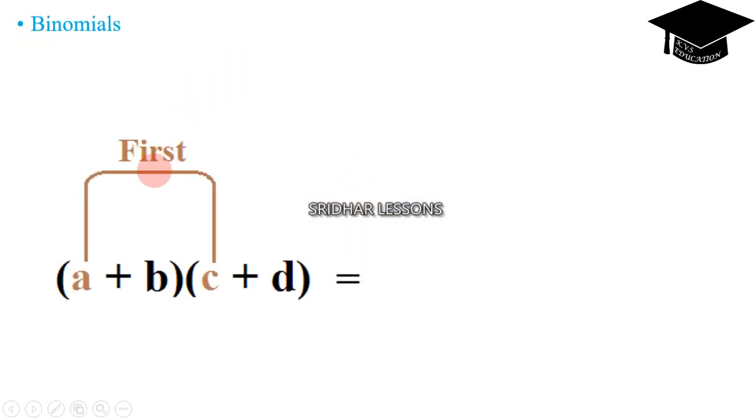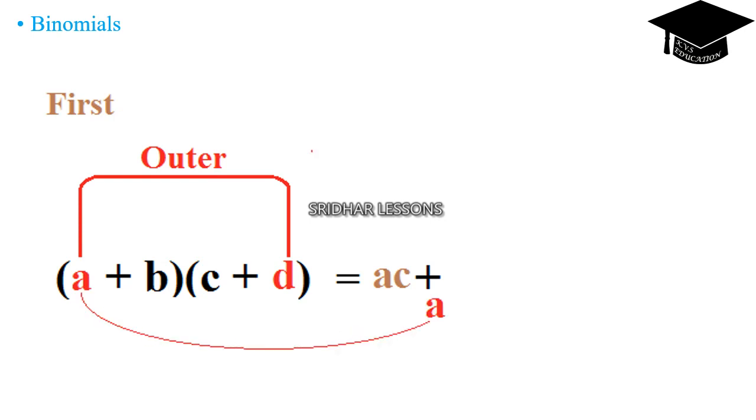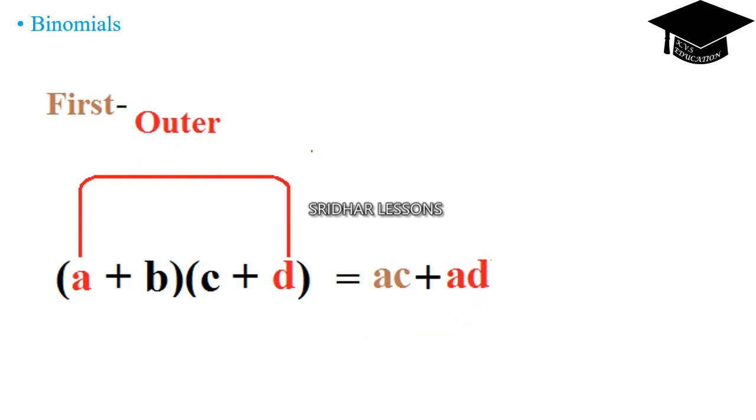Binomials, as the name suggests, see this one carefully. Nothing to explain, see carefully. First the inner part is multiplied, a into c, ac.